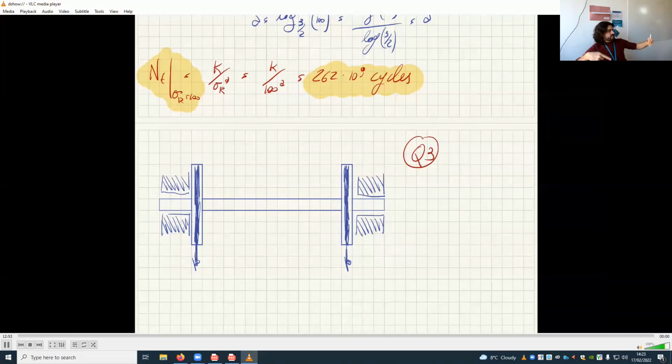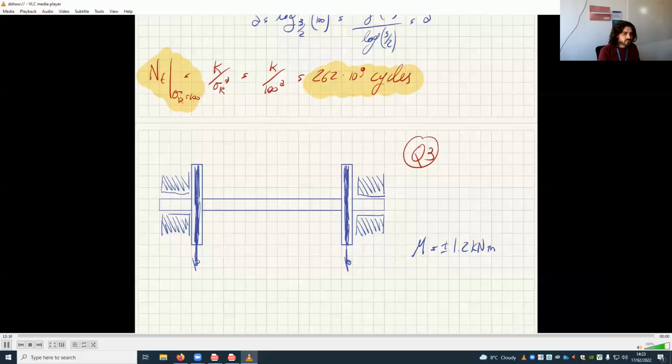Do you agree? So if I follow this point, it is now up, but then at some point it will be down. And so that means it will feel tension and compression, tension and compression, tension and compression as it rotates. And so we have an alternating bending moment of M plus or minus 1.2 kilonewton meters.